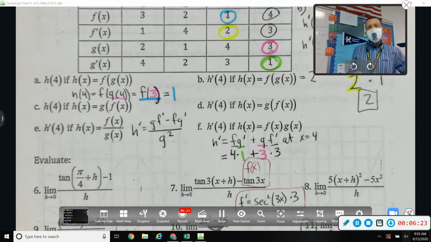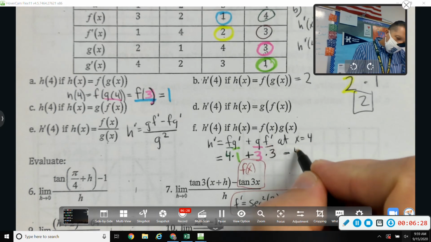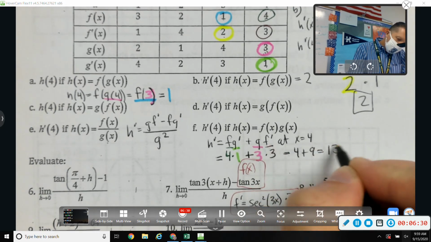So it takes a little time. You got to be careful finding all the pieces, matching them up. And then 4 plus 9 is 13.